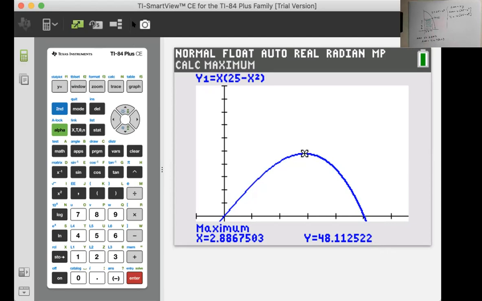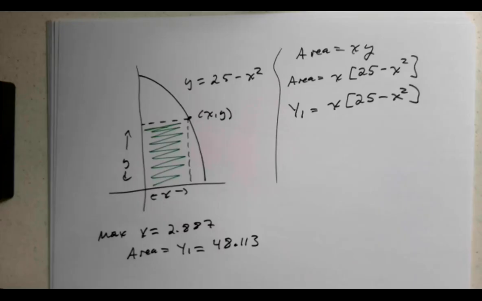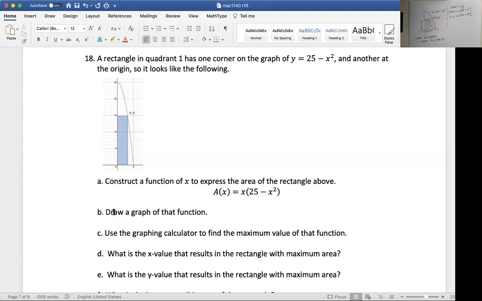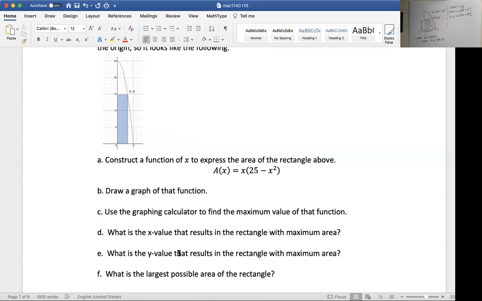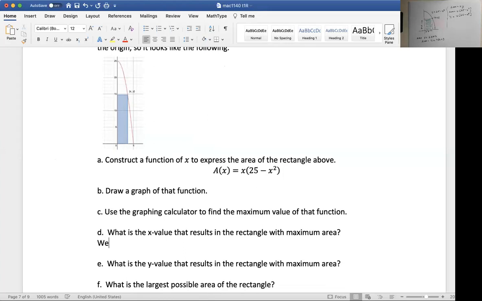So let's go back and look at the question again. We've done that. What is the x value that results in the rectangle with the maximum area? That was our x is 2.887. Now, what is the y value that results in the rectangle with maximum area?